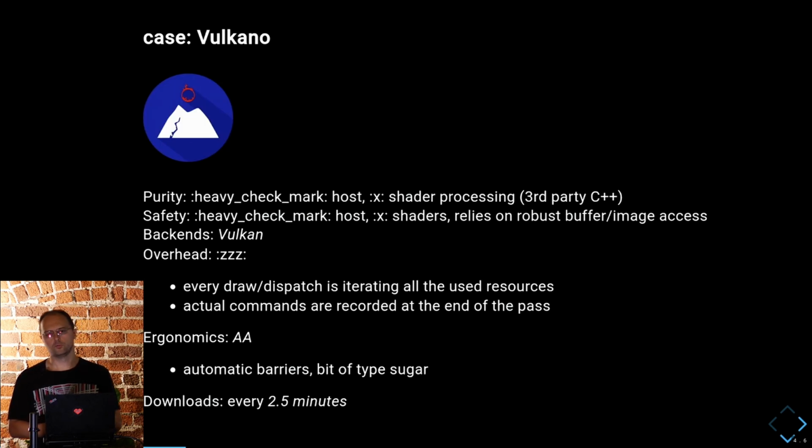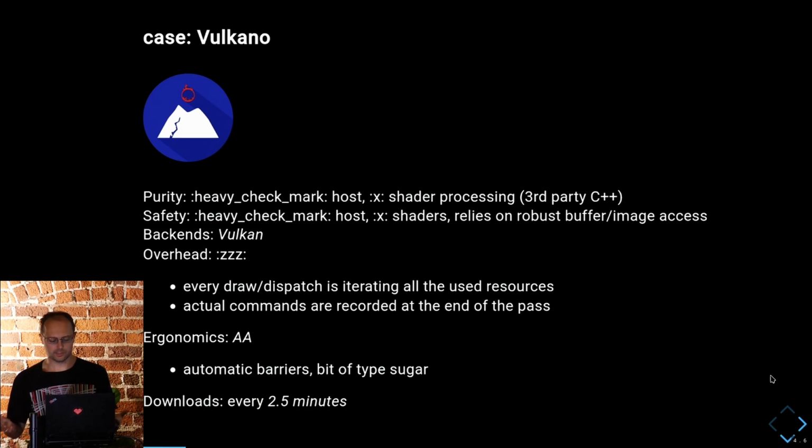And we have Vulkano, which is an attempt to provide safety for Vulkan applications. The library is fairly old. It has a layer of ensuring safety, which works at command recording level, and it has to scan through all of the resources you access on every draw call or dispatch call. So if you are using, say, Vulkano, it's going to be very slow. So I put overhead as ZZZ here.